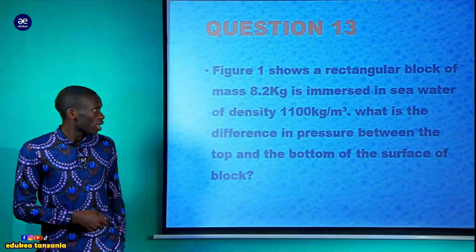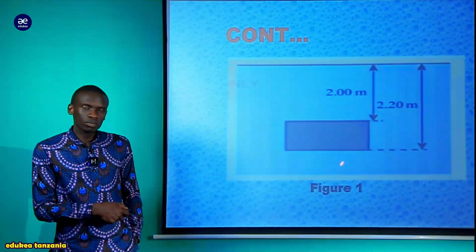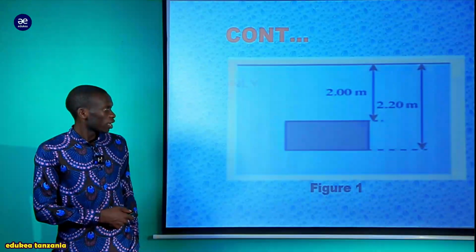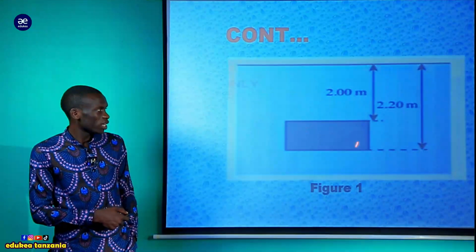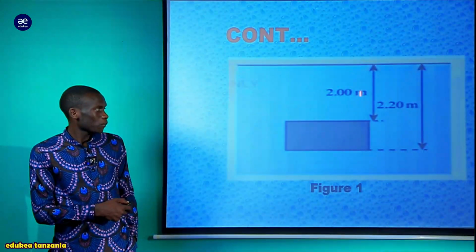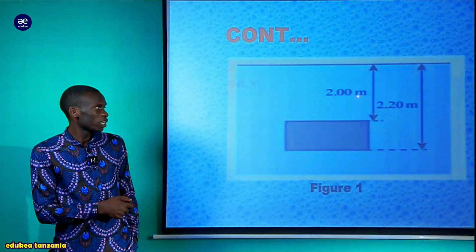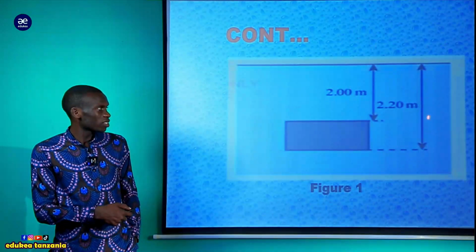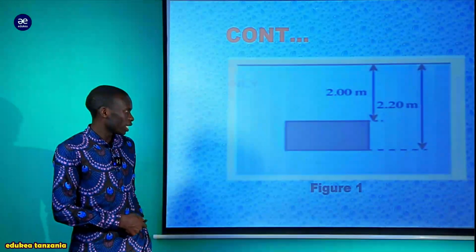the block? Given a rectangular block in the figure here, this is a figure that is stated in the question. This block is placed in a liquid in which the top surface is at 2.00 meter depth, and the bottom surface is at 2.2 meter from the surface of that liquid.